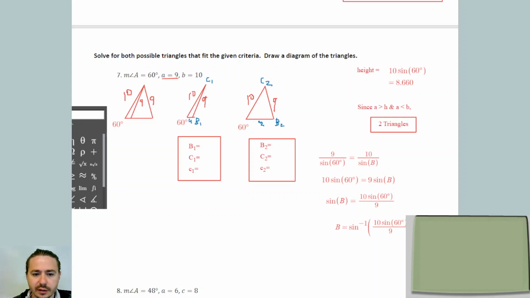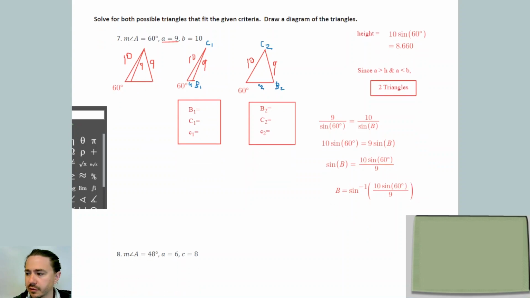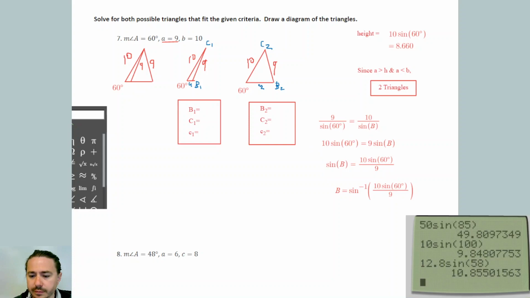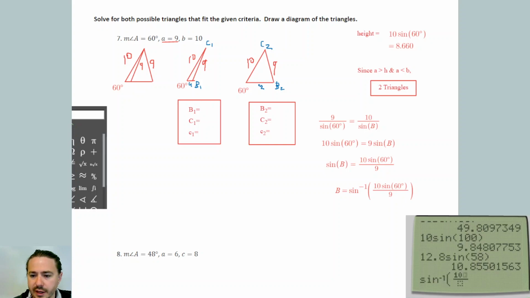So this is something we throw in the calculator. Let's get out the old calculator again. Scroll up so you can see it. We've got the inverse sine of, set up a fraction here, 10 times the sine of 60 over 9.